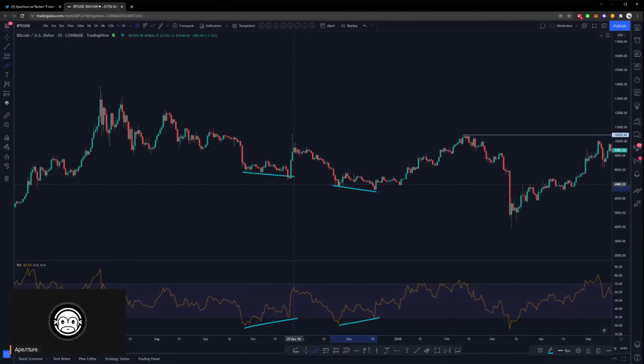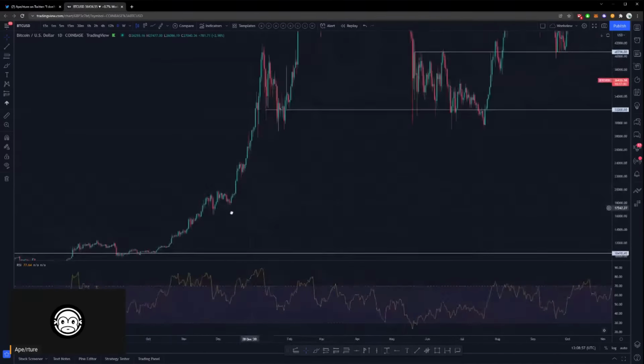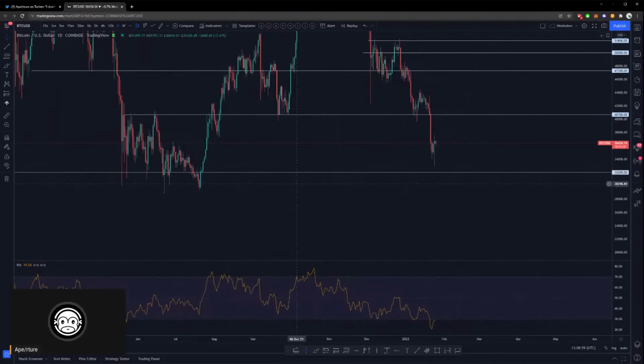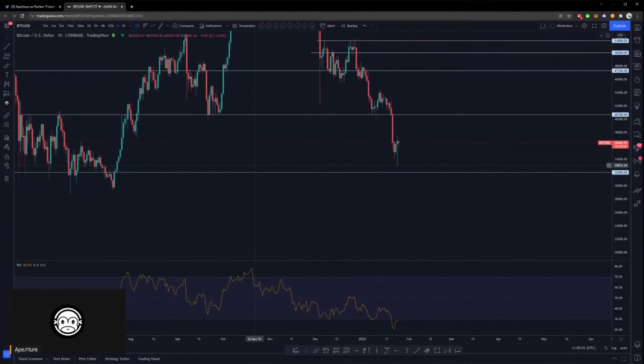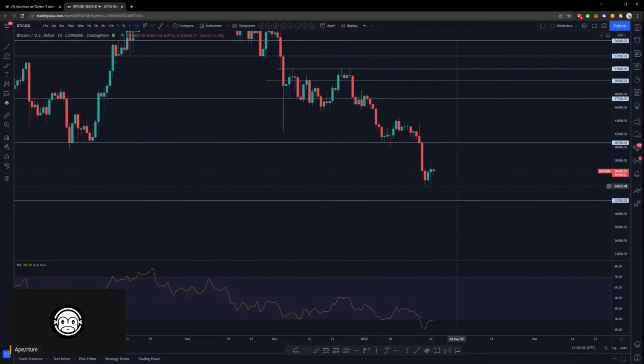And that's what I want to look for too in this current market, where you want to see that Bitcoin actually is holding that level, not really breaking through and not really breaking down, but just consolidating at these levels.